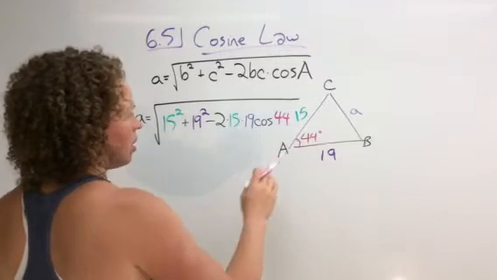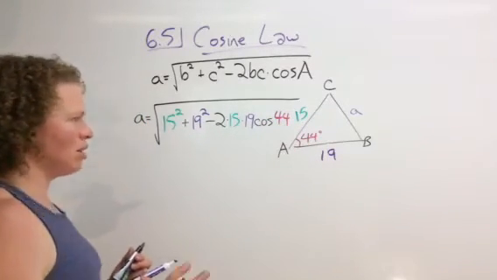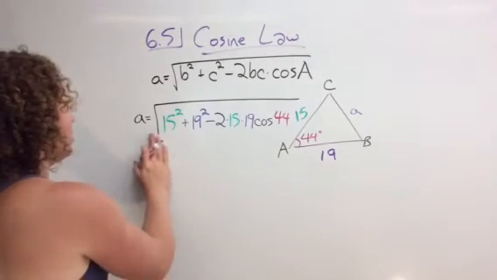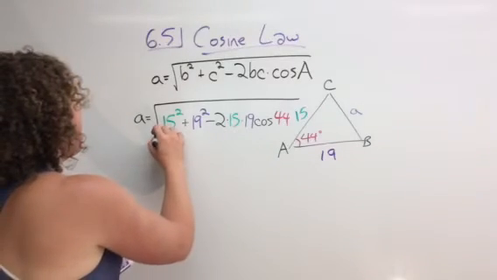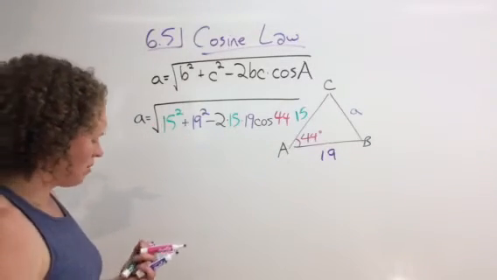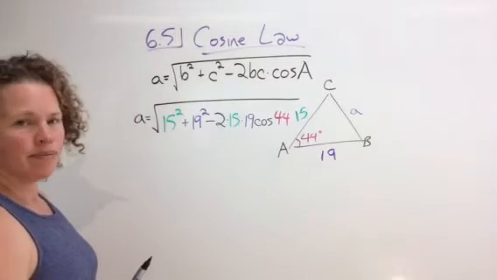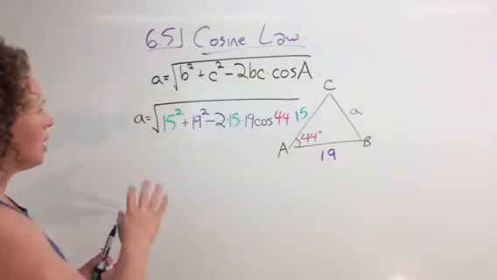Now, I'm going to caution you that you need to make sure your calculator is in degrees, because otherwise you'll get a number that's much too small, and that's because you're in radians. I don't know what happens if you're in grads. No idea. Okay, so we've got it set up now.